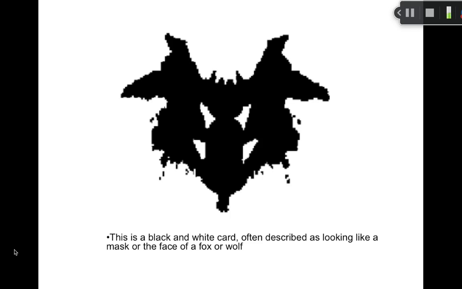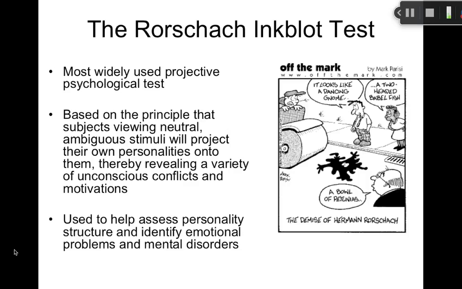And what the outcome of the analysis of the respondents' responses is, is it captures some personality traits and so forth that the person wouldn't have been able to reveal if they were asked directly.